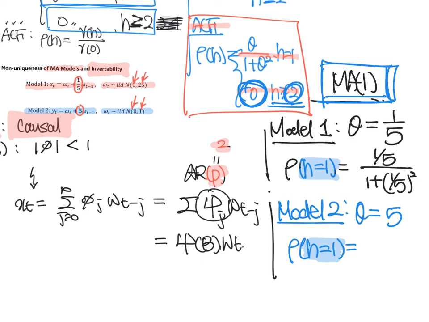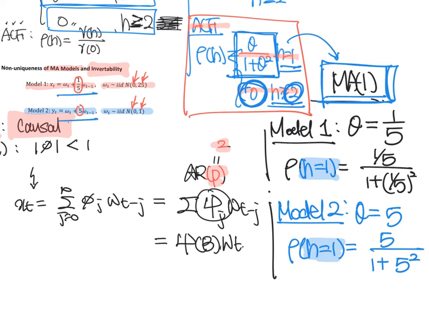So simply we plug in the theta here, 5 over 1 plus 5 square.